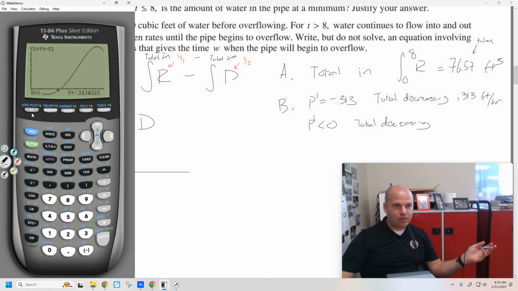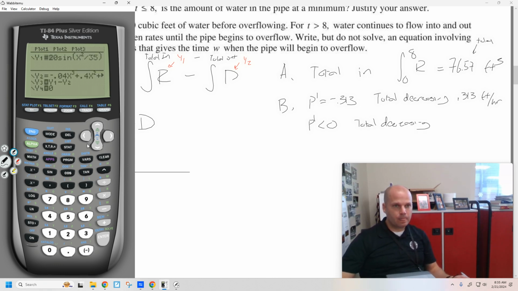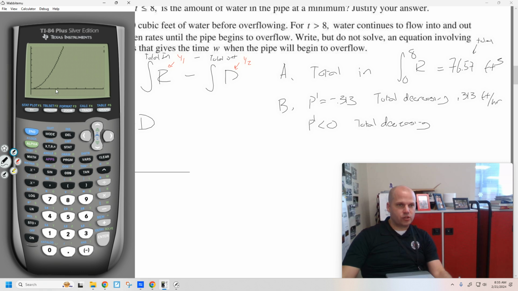Let's say you had the graph of all of them. And you look at 1, 2, 3, you could say, I should have zoomed out a little bit, my rate in is bigger than my rate out.